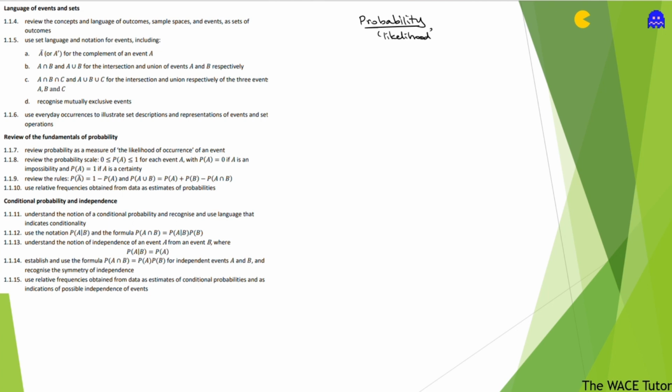So, importantly, the likelihood of an event can be between 0 and 1. 1 refers to the event as being certain to occur, whereas 0 refers to the event as being impossible. Anything in between is something in between impossible and certain. The probability of any event is therefore said to be bounded by 0 and 1.